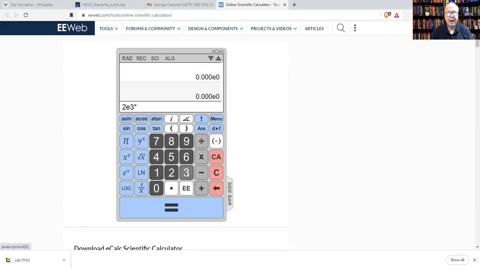So I multiply by 3, click the double E key, that puts in the times 10 to the power of sign, and there's 5. So this is 2 times 10 to the third power multiplied times 3 times 10 to the 5th power. I click the equal sign, and there's my answer, 6 times 10 to the 8th power.